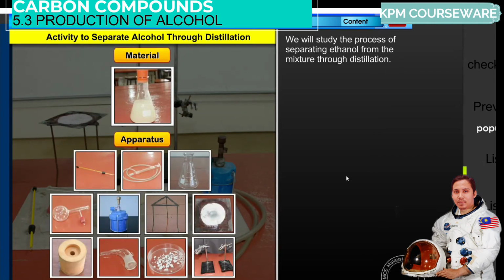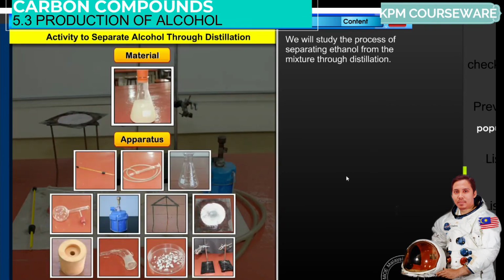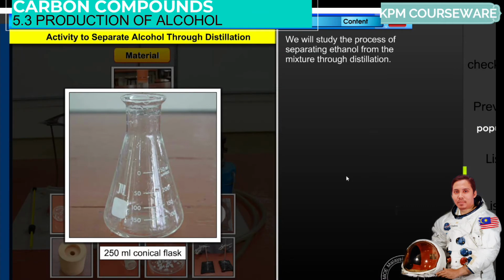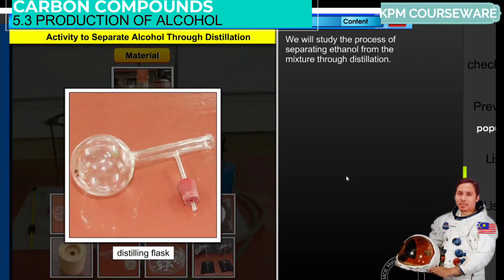You are given these apparatus for the activity. Thermometer. Liebig condenser with rubber tubings. 250 milliliters conical flask. Distilling flask.